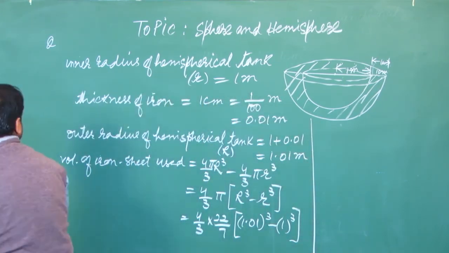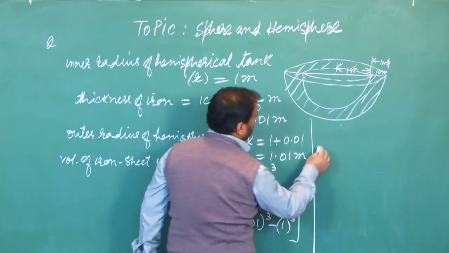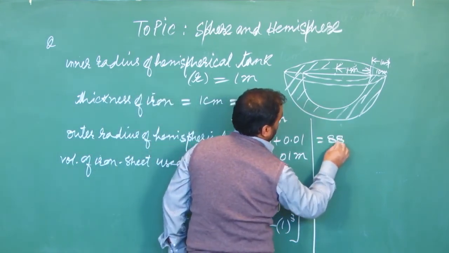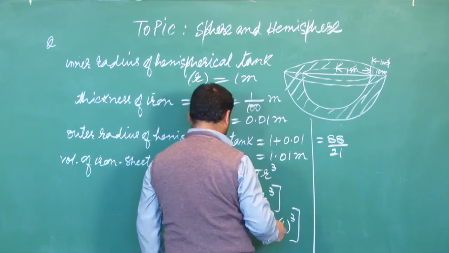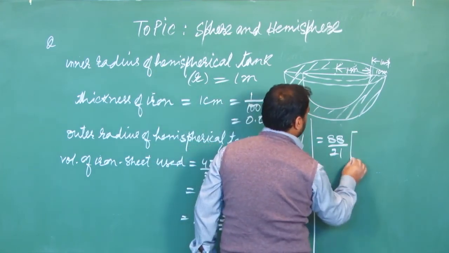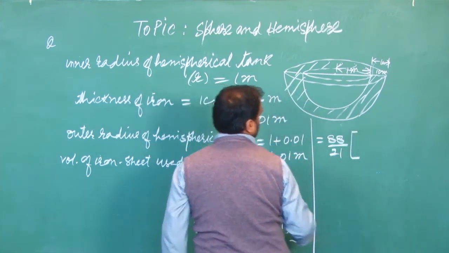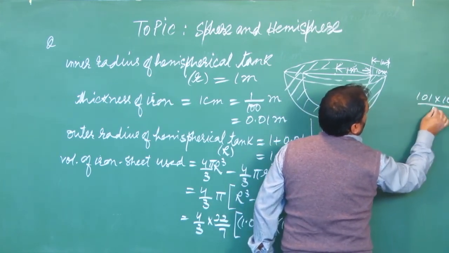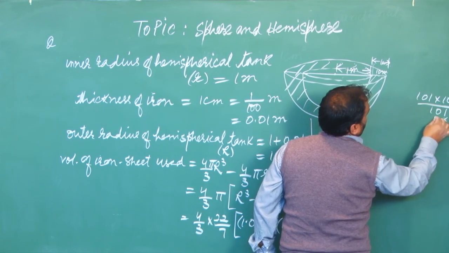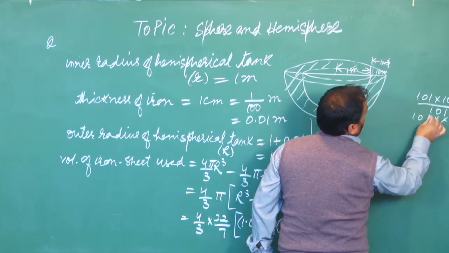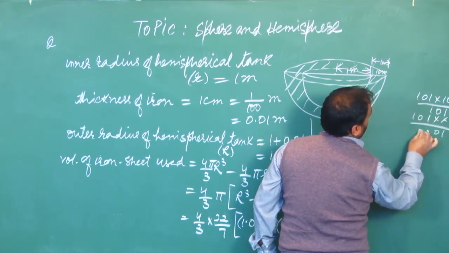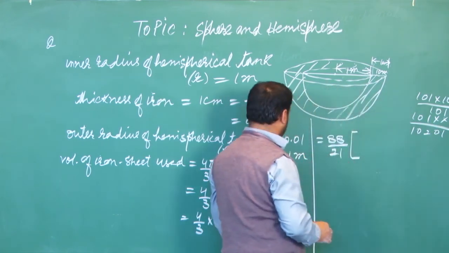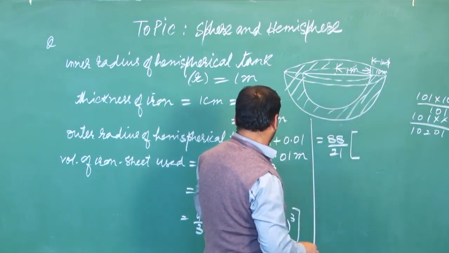It is 4 into 22, 88, by 21, into 1.01 to be multiplied thrice by itself. We can write 101 into 101, and again 101. It's 10201, again multiplied by 101.